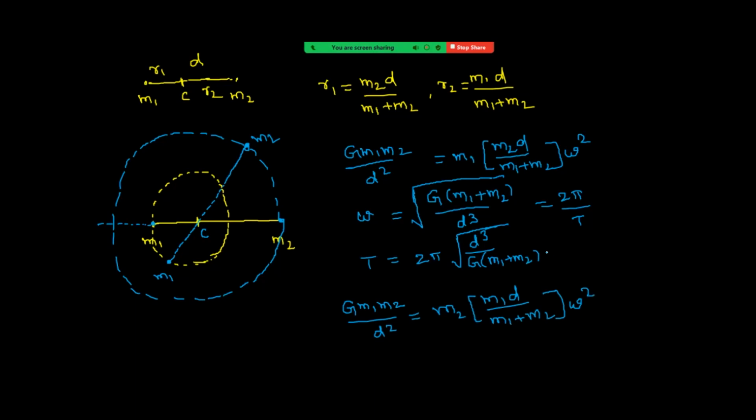So once again we get the same answer, and both have the same time period. The only change is that m1 has a smaller radius, so less speed, because v equals r into omega and omega is the same for both. So r more means speed more: m1 has less speed, m2 has more speed. That is why both have the same time period. See the next problem.